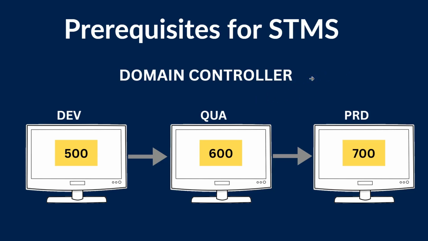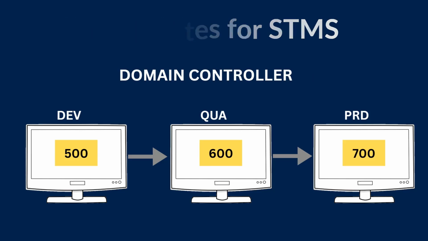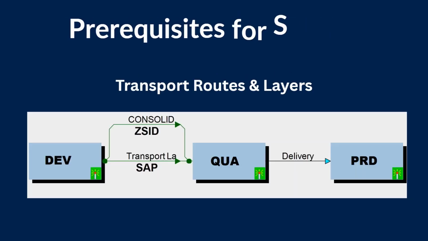Okay. And the next one is, whenever you are going to configure STMS, we should compulsorily check the routes and layers.